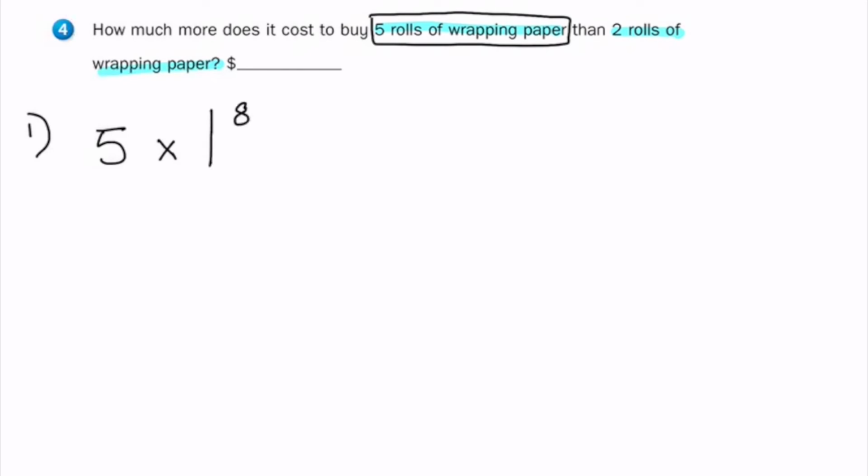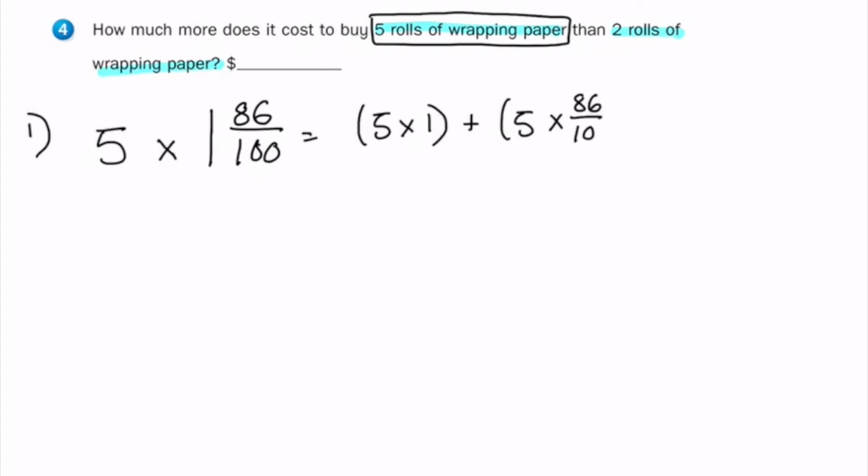So how much more does it cost? Step number 1, figure out how much 5 rolls of wrapping paper costs. So remember, if he buys 5 rolls, he only has to pay $1.86, which can be written as 1 whole and 86 hundredths. So we would do 5 times that 1 whole plus 5 times the fraction, which is 86 hundredths.